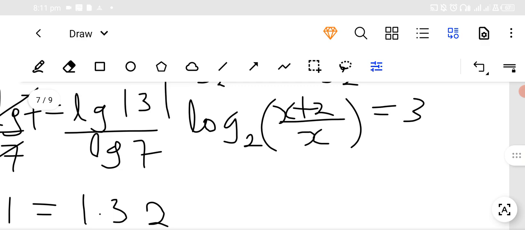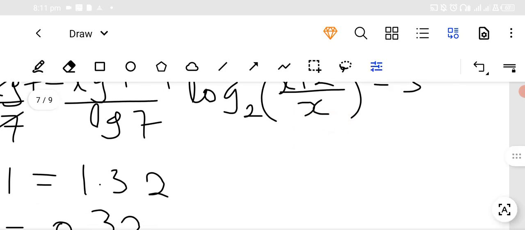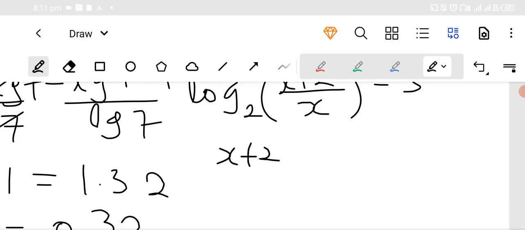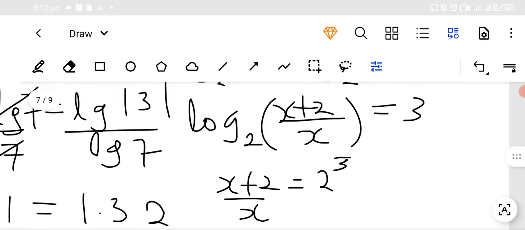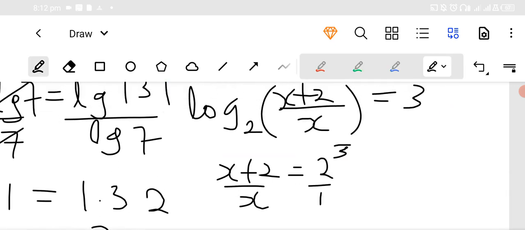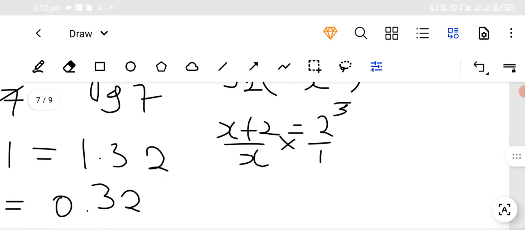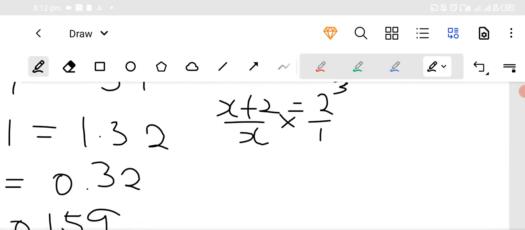To proceed here, you need to know the definition of a log. It is the power to which this base must be raised to give you what is inside there. So x plus 2 divided by x is equal to 2 to the power 3. This is in the exponential form. You can cross multiply.